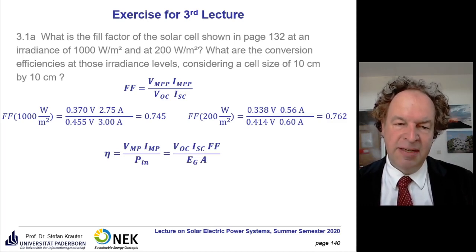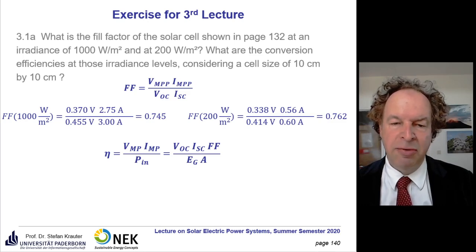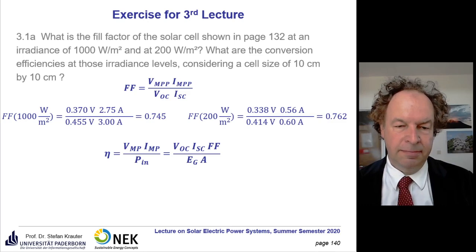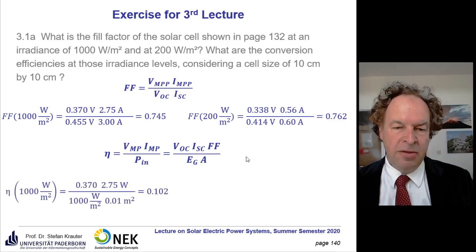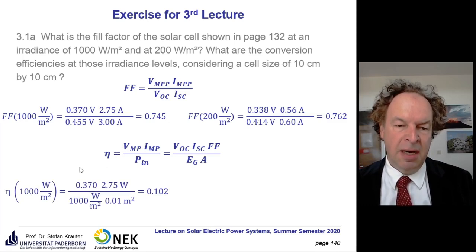More important is the conversion efficiency here. The output power is the electrical power, which is the voltage in the maximum power point times the current in the maximum power point. The input power is the irradiance times the effective area. So we put in 0.370 times 2.75, volts times amps, which is watts.